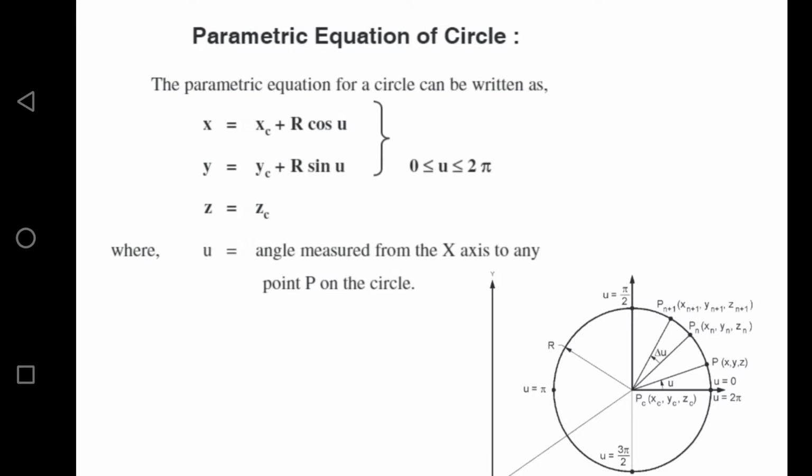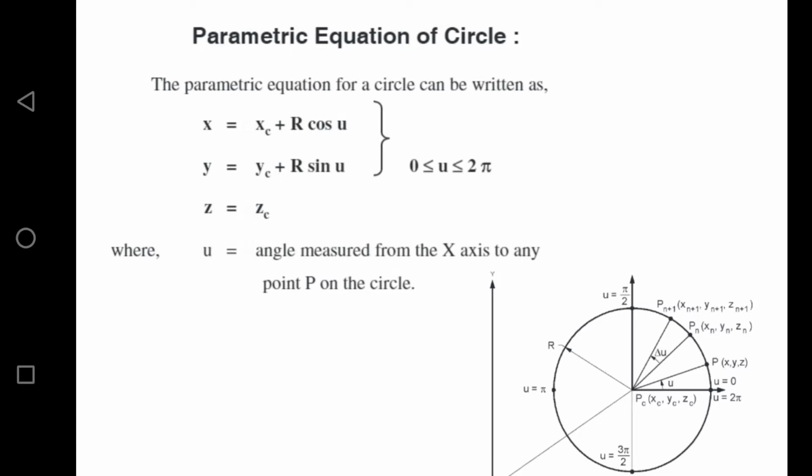What I said, I considered a point P on a circle which has coordinates x, y and z and has an independent parameter u, whatever the angle it is. So xc plus r cos u is, xc is the coordinate of the center point plus r cos u. R is the radius of the circle and u is the different angular position or the independent parameter by which we are defining a point on the circle.